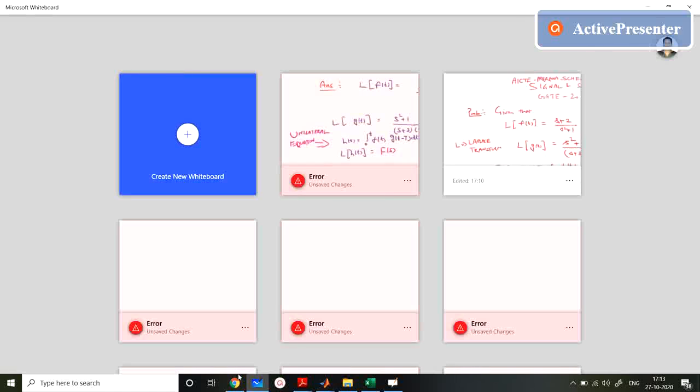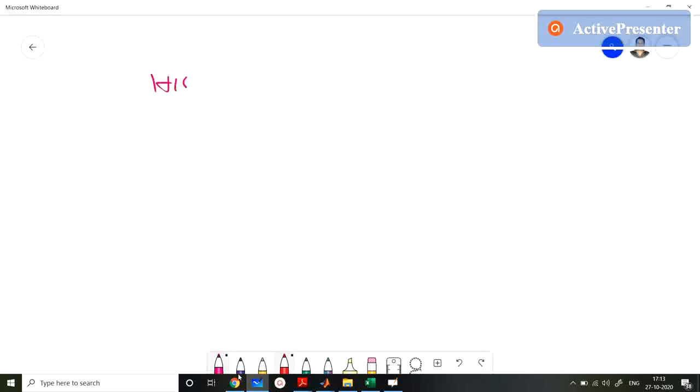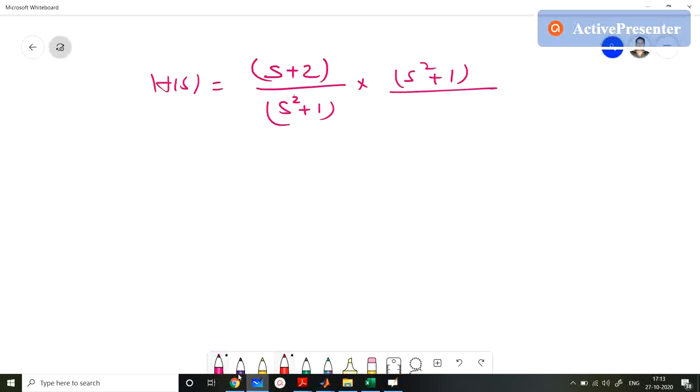So finally, what is H(s)? We substitute the values of F(s) and G(s): (s + 2) divided by (s square + 1) multiplied by (s square + 1) divided by (s + 3)(s + 2).